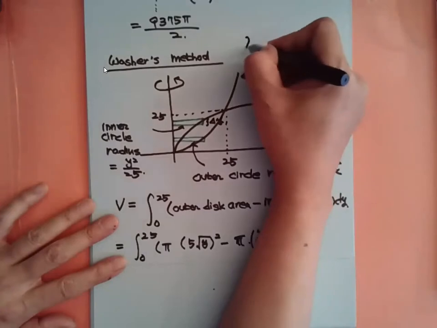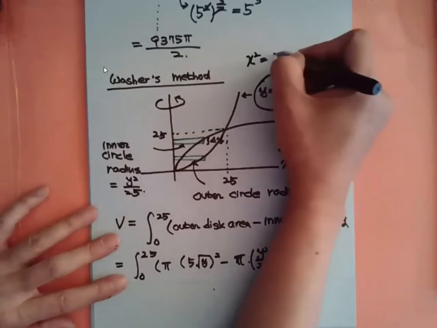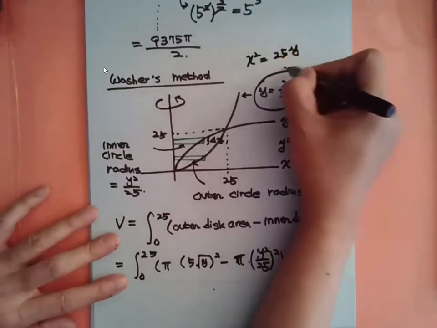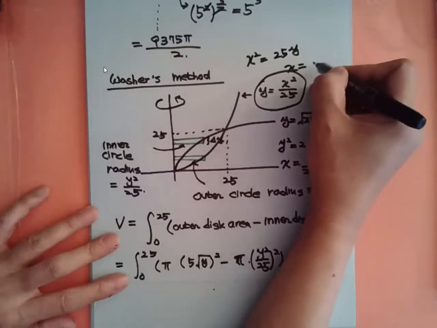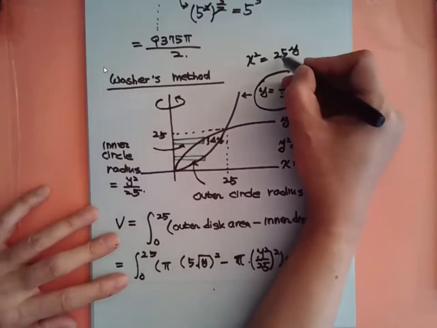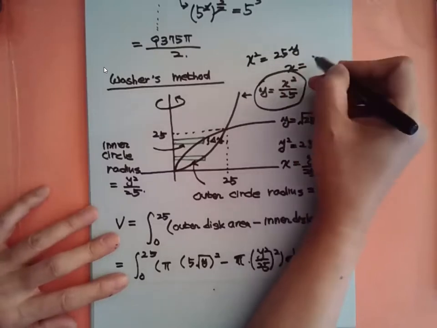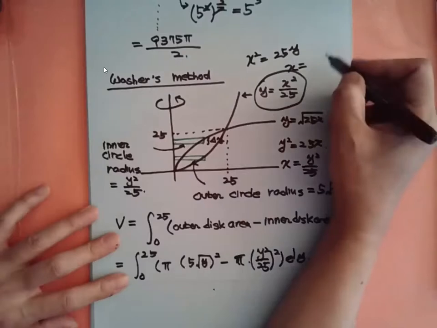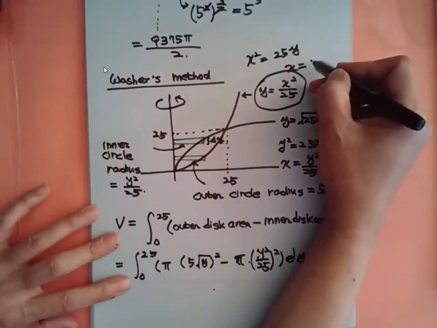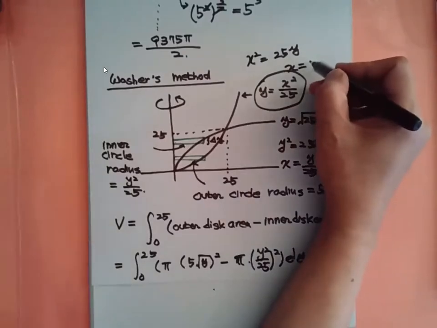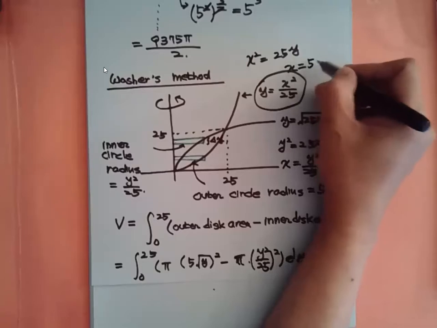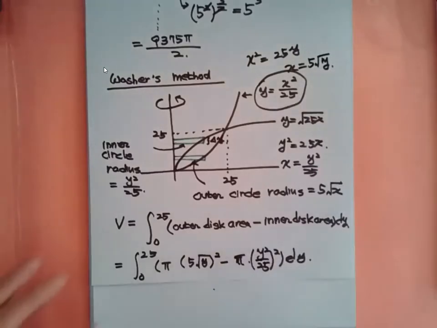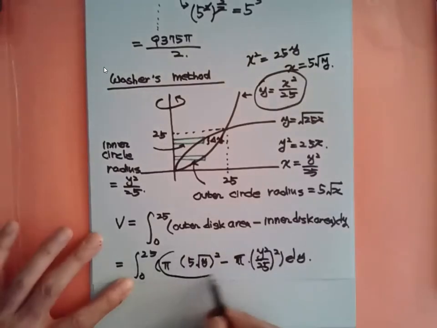So x squared equals 25y, so x equals plus or minus square root of 25 square root of y. But we are thinking about the right side, so that is just positive, and we are thinking about radius. So 5 square root of y. That is how we got this one.